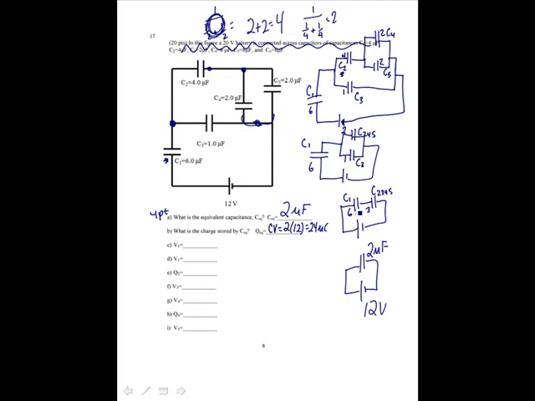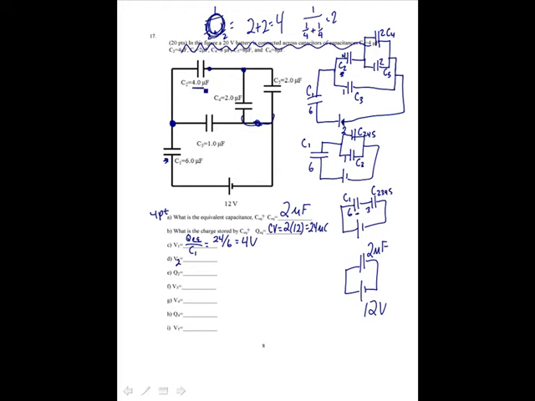I already know the charge on that one is 24 microcoulombs, so V is equal to Q equivalent over C1, which is 24 divided by 6, which is 4 volts. And then V2, this was a typo but I fixed it on your test, this should say V2.